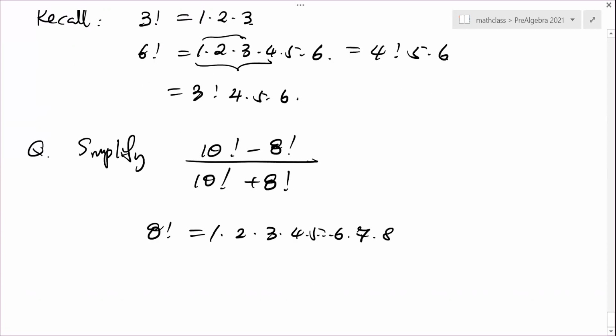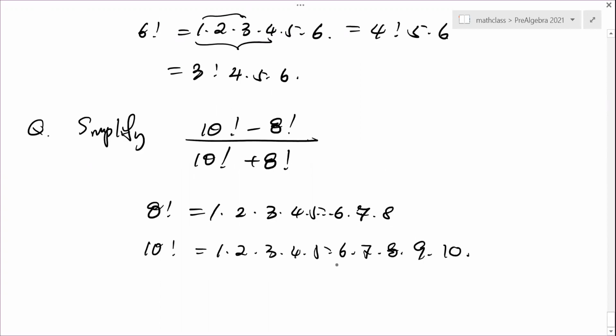It's a huge number, and 10 factorial is even larger. However, I don't need to know the exact value of this. All I need to know is that 10 factorial is 8 factorial times 9 times 10.